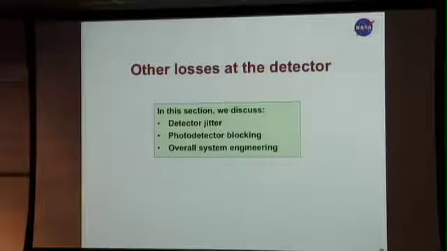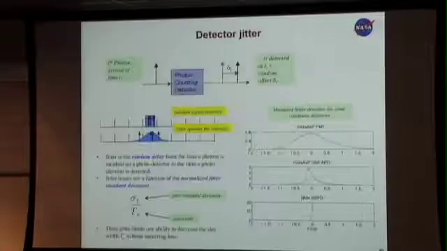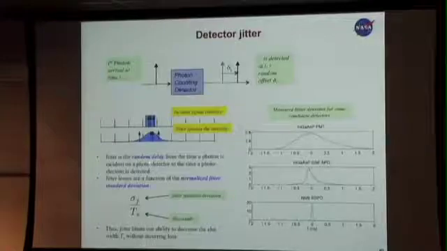So I will say there are other losses that we have to consider in the system that are not additive losses. One of them is detector jitter. Detector jitter is a delay from the time a photon is incident to the time a photoelectron is detected, and depending on your device technology at the detector, you can have what looks like a very sharply defined time or a wider defined time.